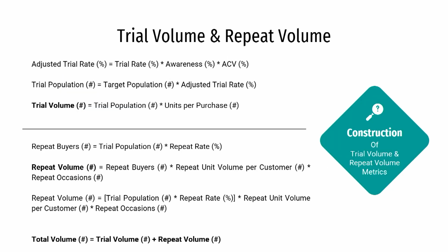Now, let us look into another, not a different metric, but an extension of the similar metric, which is termed as adjusted trial rate. The genesis of this particular metric is that whenever we are doing a market survey, we do it this way.